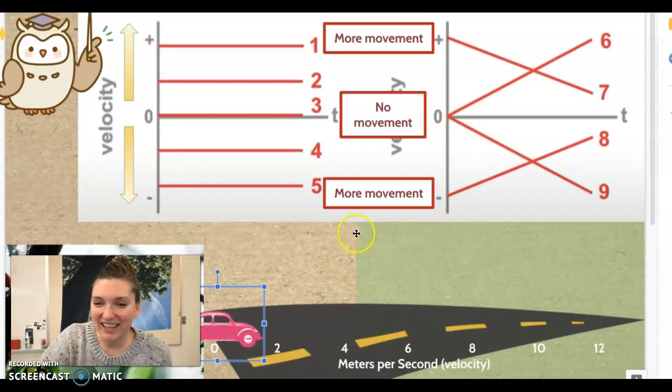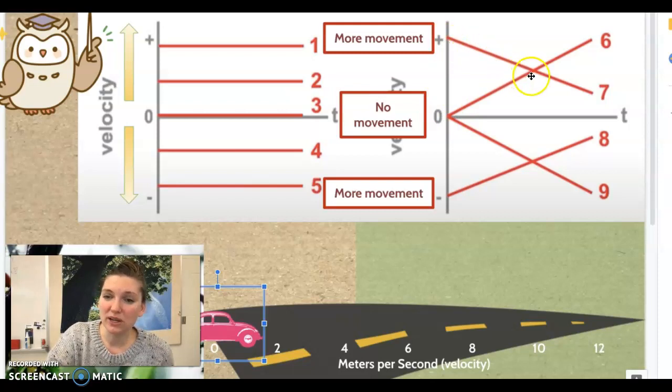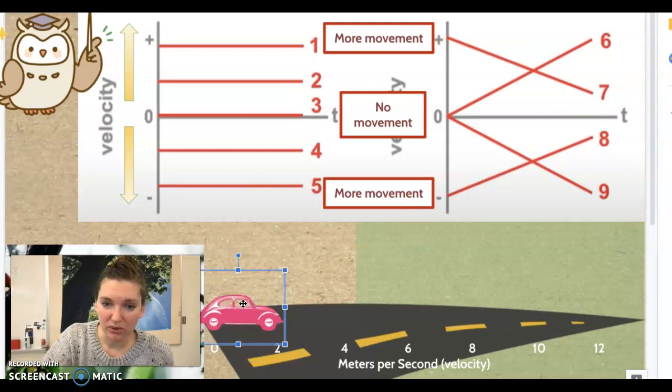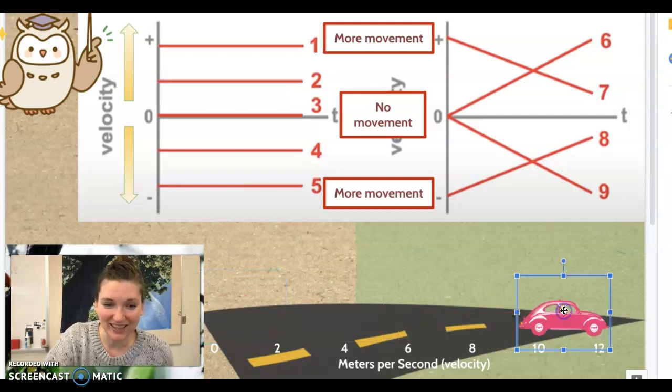Okay, so then let's look at 7 and 8. So with 7, we are going in a positive direction, going away from the starting point, but we are slowing down. Our velocity is getting less, okay? So starting fast and getting slow. Like that.